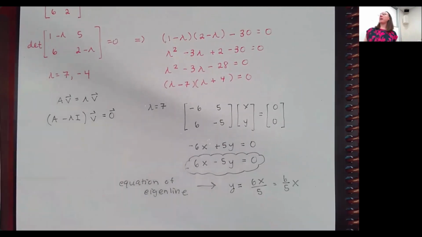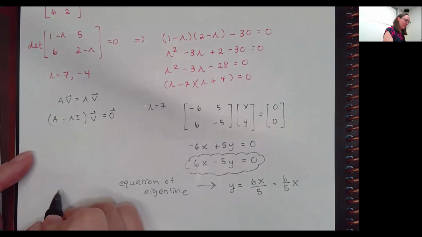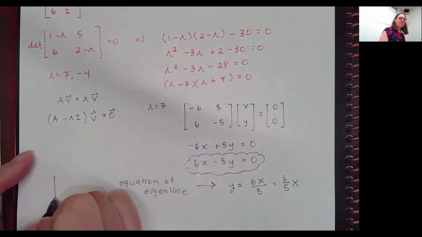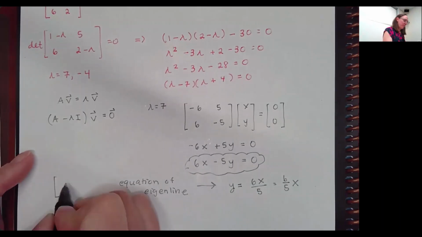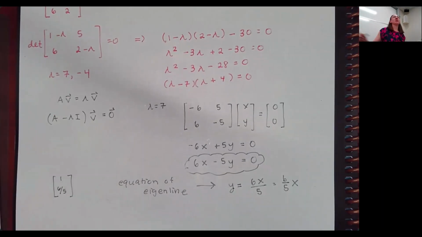And we can pick any point on that line to be our representative eigenvector. Anyone want to offer up what they chose? Sure. I don't like fractions. So that's not true. That's not fair. I do like fractions. I feel like I'm more likely to make a mistake further into the problem if I choose fractions.